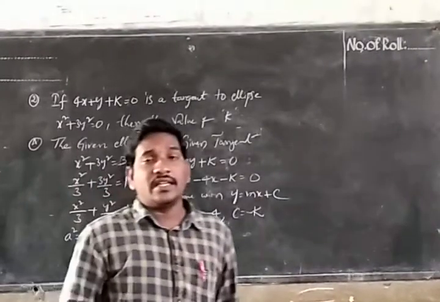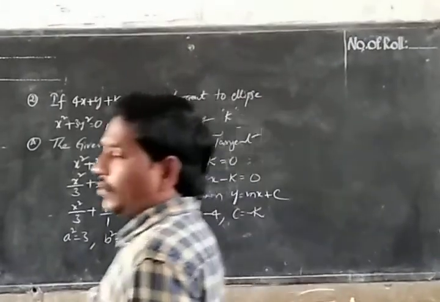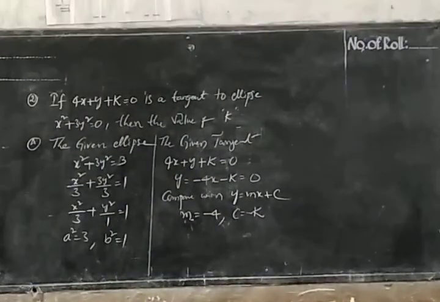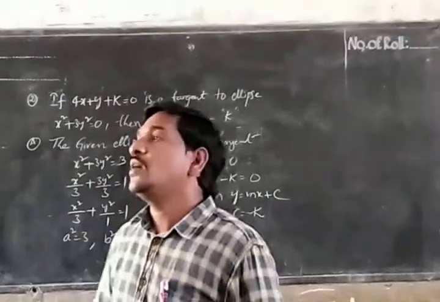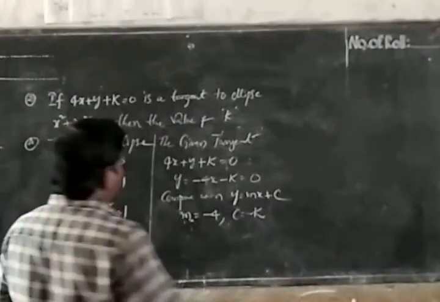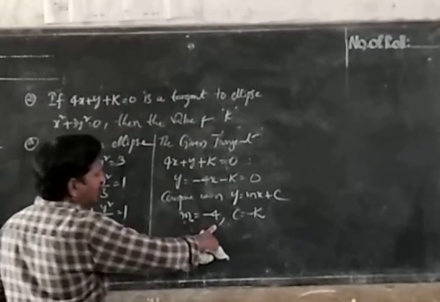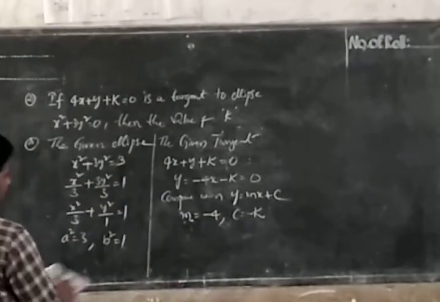We have the condition of the tangent: c square equal to a square m square plus b square. Now we got m equal to minus 4, c equal to minus k.